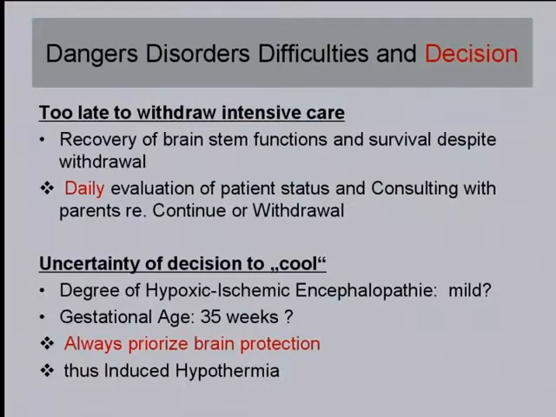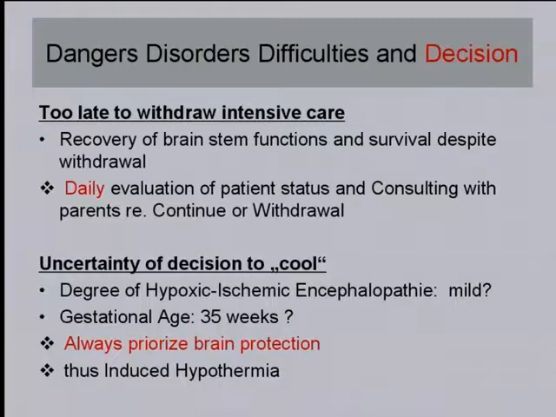And of course, there is always an uncertainty about the decision to cool. For example, should you start cooling a so-called mild encephalopathy? All studies were usually done with moderate and severe encephalopathy. Gestational age, it's said, should be older than 36 weeks.